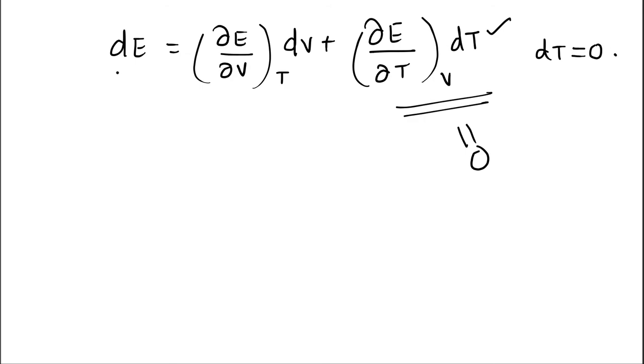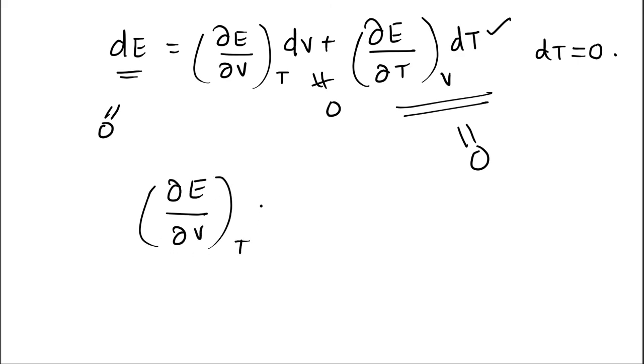And now this is also 0, and this is not equal to 0. So this term and this term both are 0 only if this term equal to 0, that is dou E over dou V at constant temperature is equal to 0. So that means internal energy of a gas is independent of its volume.